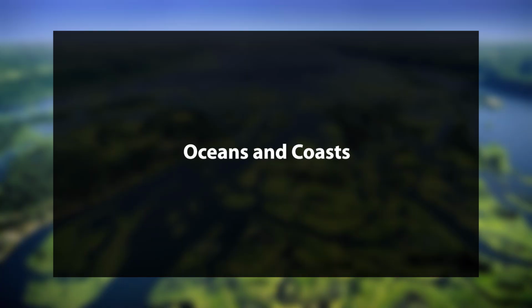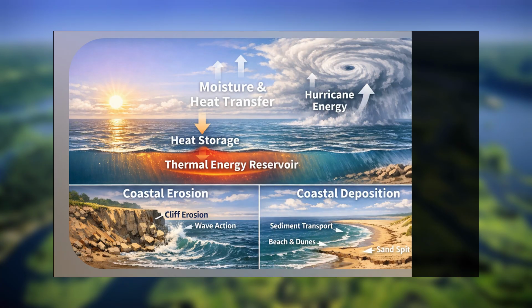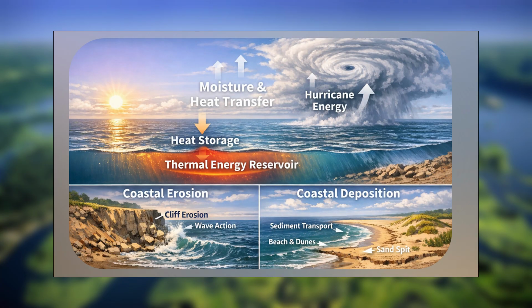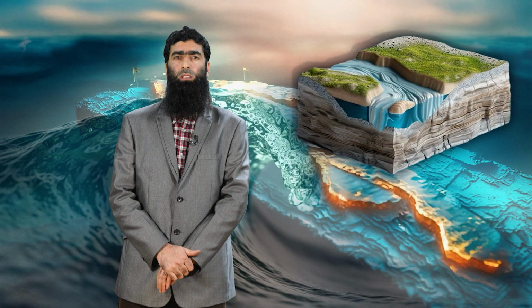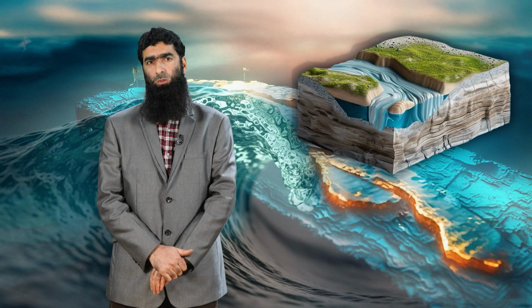First, oceans and coasts. We know the Earth system is substantially affected by the oceans. Ocean water acts as a storehouse of heat, energy to fuel hurricanes, and is constantly sculpting the boundaries of the continents. The oceans and the lithosphere meet at the coast.